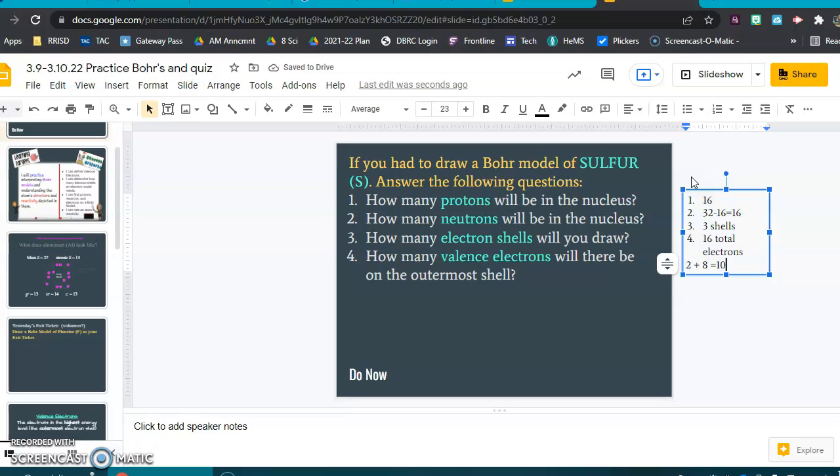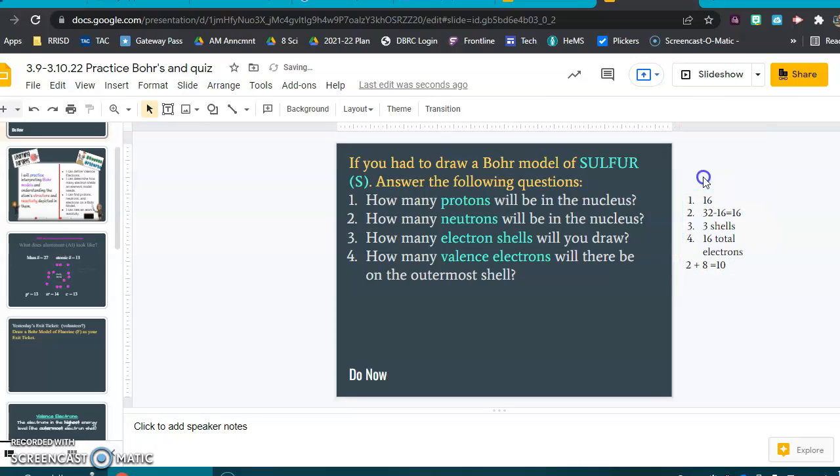We've got one more shell, and if we add 6, we have 6 valence electrons in the outside shell. Remember, each shell likes to contain 8, up to 18 on that third shell.